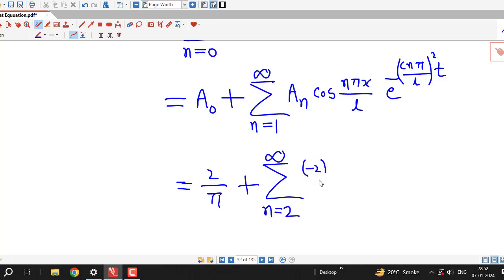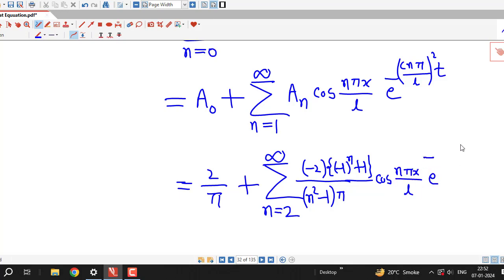And the value of an is minus 2 divided by n square minus 1 into pi into minus 1 raised to n plus 1. This is what we have obtained for an. Cosine of n pi x divided by L e raised to, this I can rewrite as minus c square n square pi square t divided by L square.